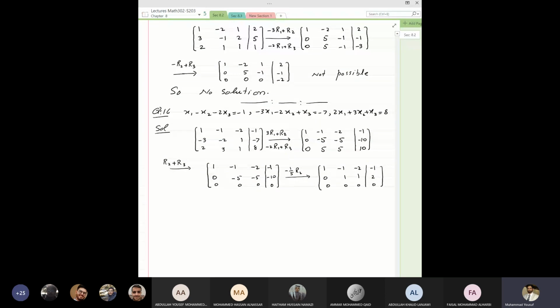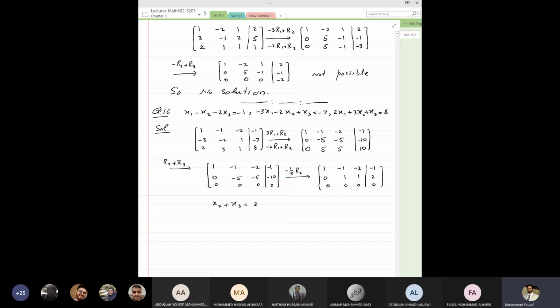Now the equations: we have only two non-zero equations. And this is a situation when we have a free variable. The third equation is 0 equal to 0, which is always true. The second row will give you x2 plus x3 is equal to 2.